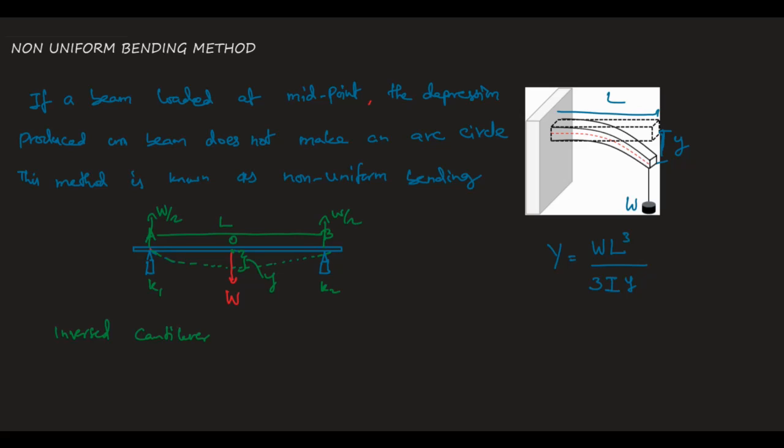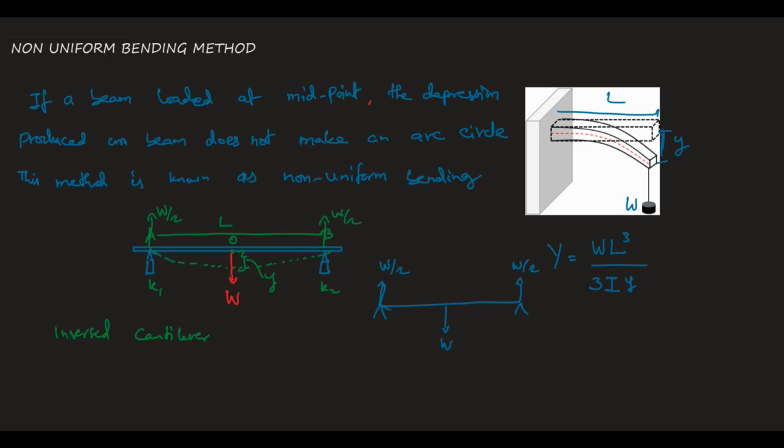If I draw the free body diagram of this beam, with W acting at the lower side middle point and some support here, then the weight will be equally distributed on both sides.